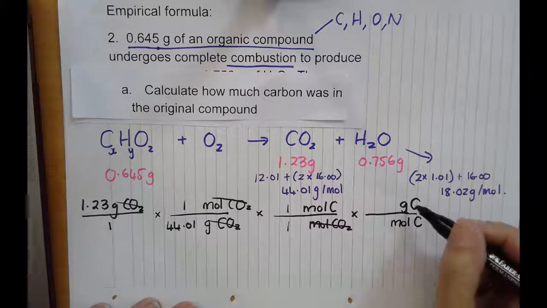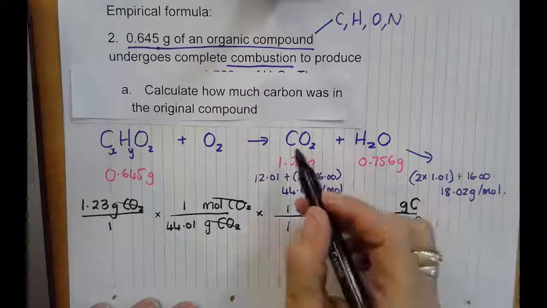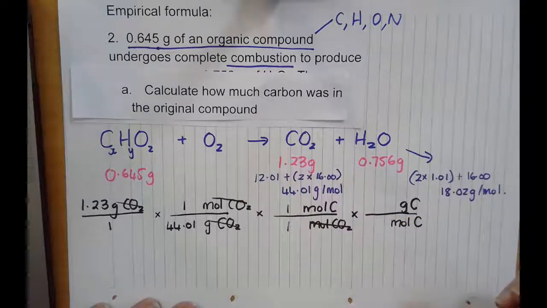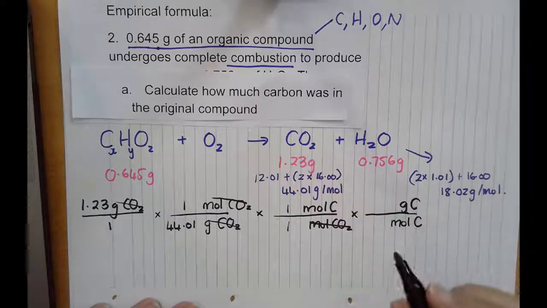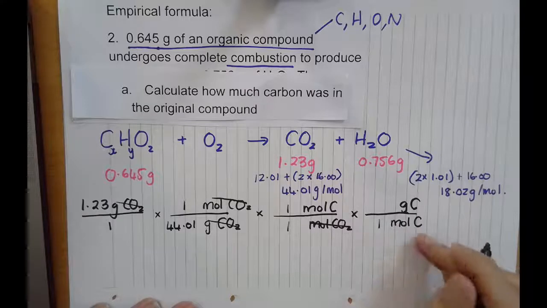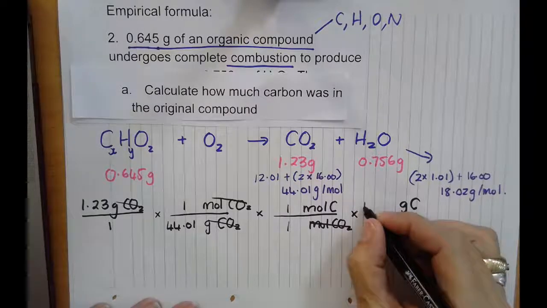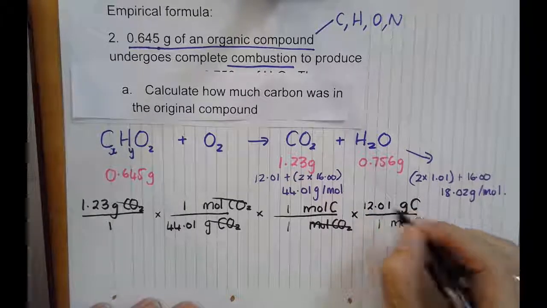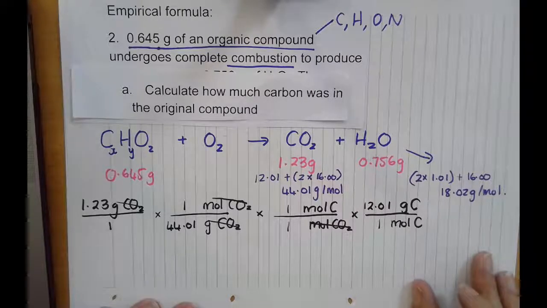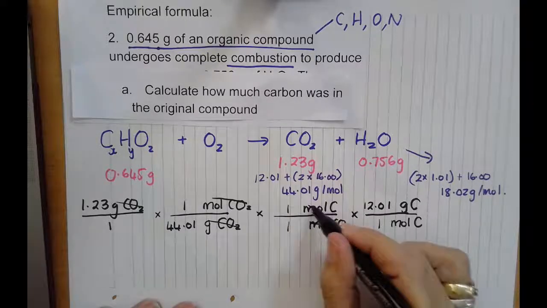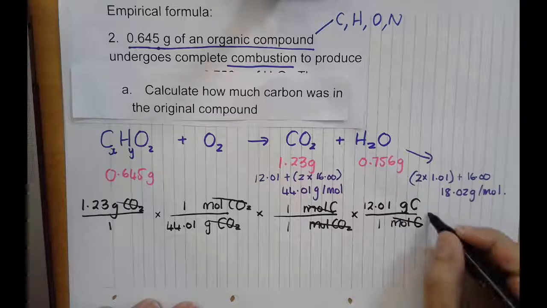If we look at the molar mass for just carbon on its own, we see from the table that 1 mole of carbon has 12.01 grams of carbon in it. So now I have got to the end of my answer.